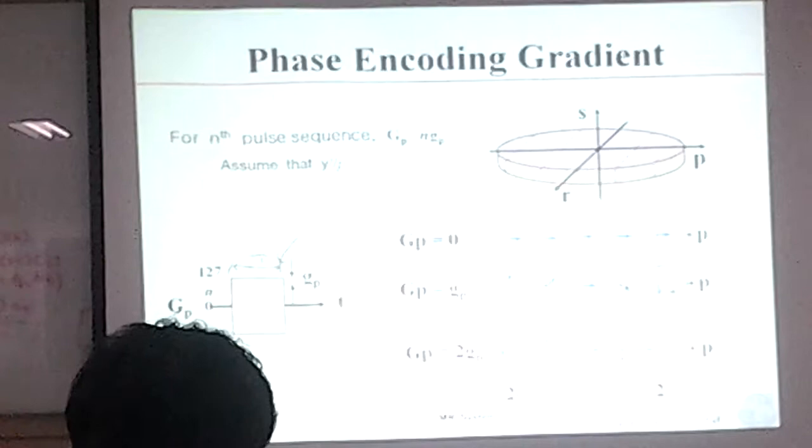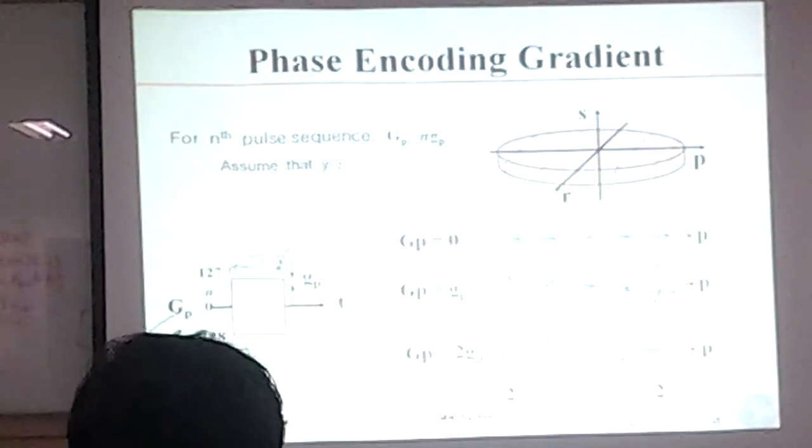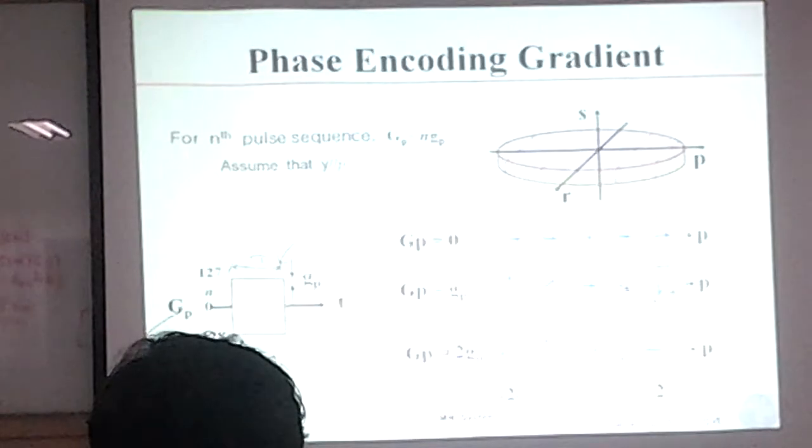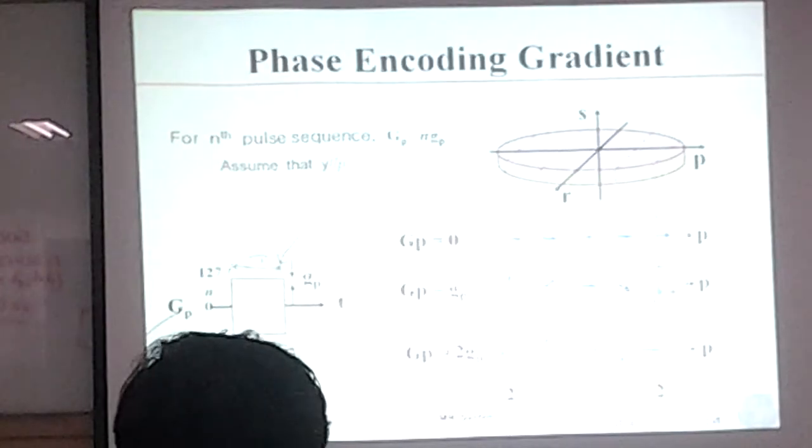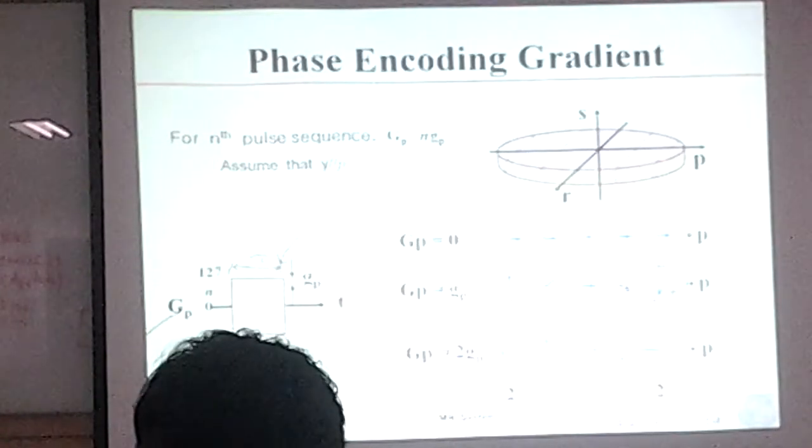Okay. After that, a new gradient field, two times the phase encoding gradient, is applied. Then at each position, the rotation position is also determined by the gradient strength and the duration of the gradient. The gradient duration is the same as before, but the gradient field strength is twofold.